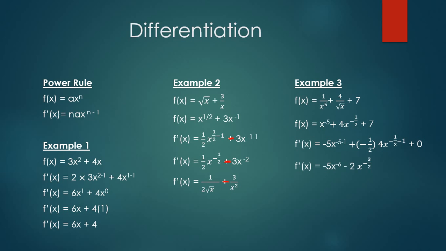So we have minus 5x to the negative 6 minus 2x, since negative a half times 4 is negative 2, to the negative 3 halves, negative half minus 1 is negative 3 halves. And we can go a bit further, flex our algebraic knowledge, and write this as negative 5 divided by x to the 6.